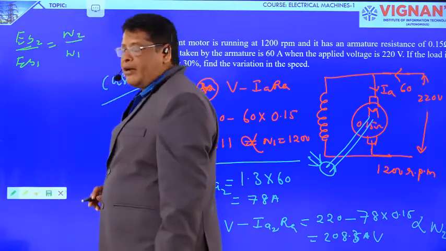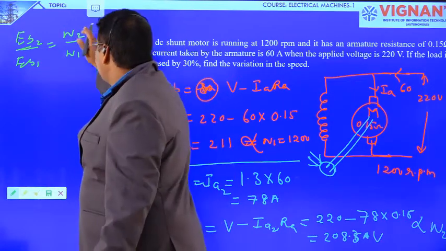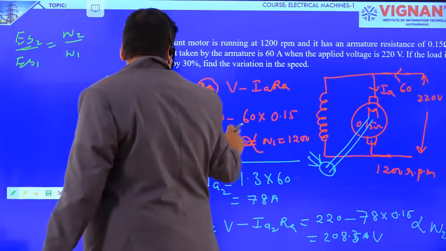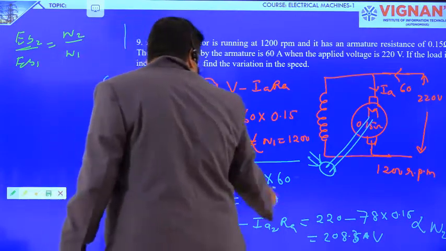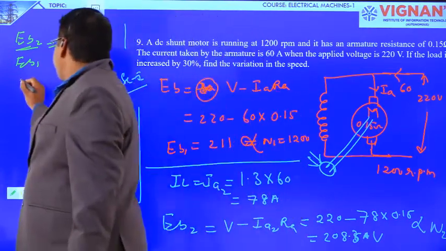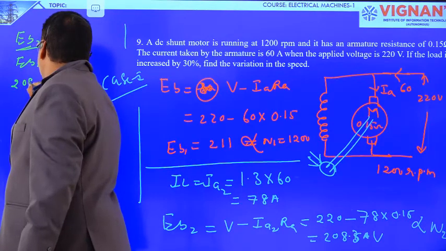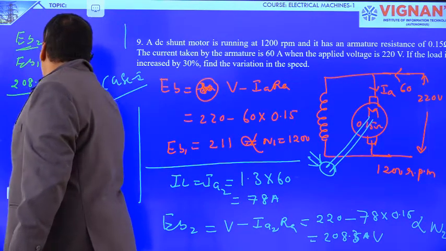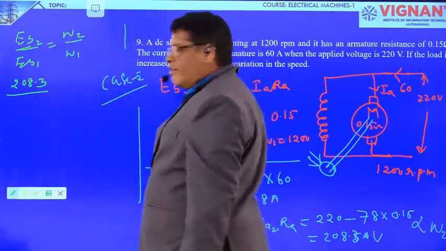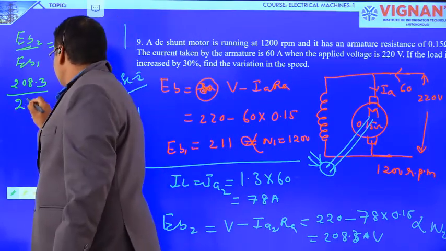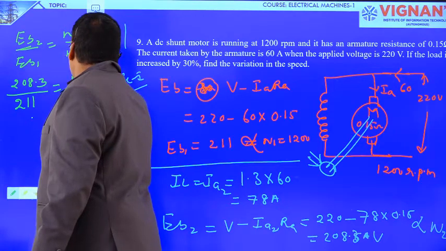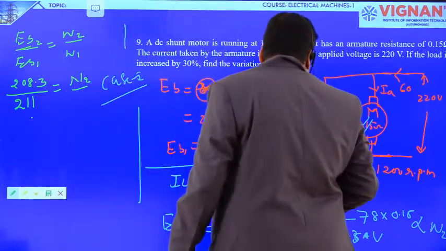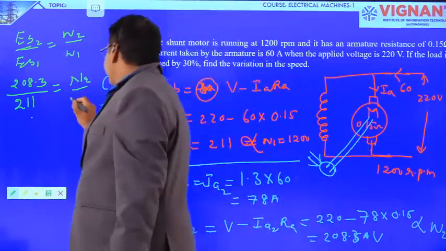Now we want to find out N2. So we know the value of EB1. Substitute all the values. EB2 value becomes 208.3, EB1 becomes 211, equal to N2 by N1. The N1 value is given as 1200.